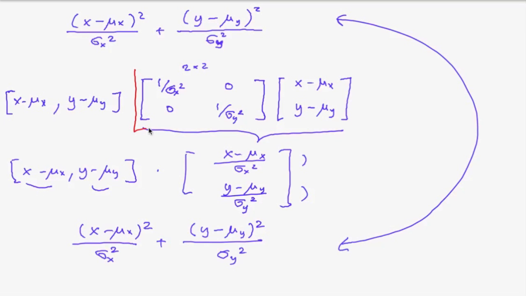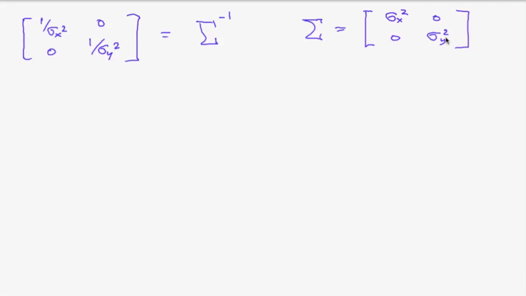And so now let's have a look at this matrix. So this matrix in our quadratic form, this is our variance raised to the power of -1. So it's the inverse of the covariance matrix, because if the covariance matrix is diagonal, I can obtain the inverse of this matrix by an element-wise inversion.